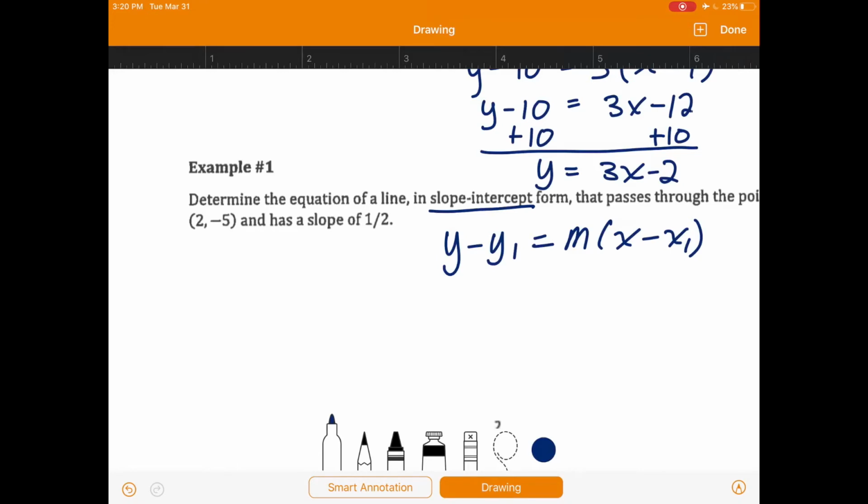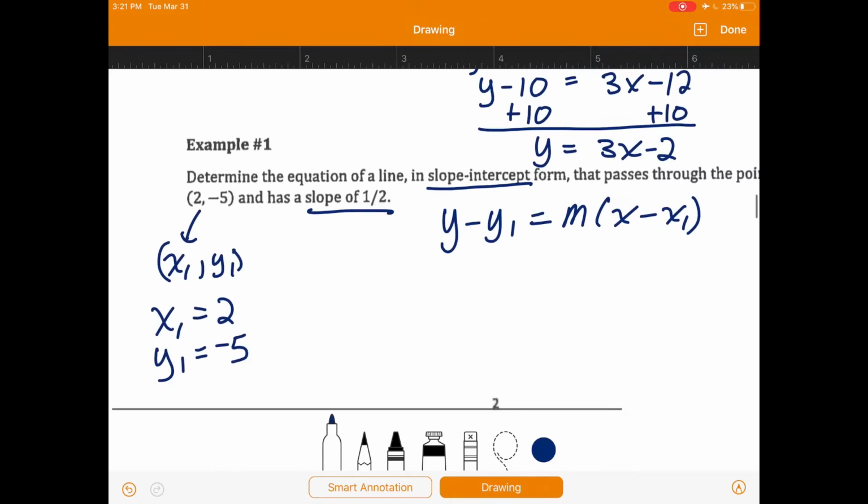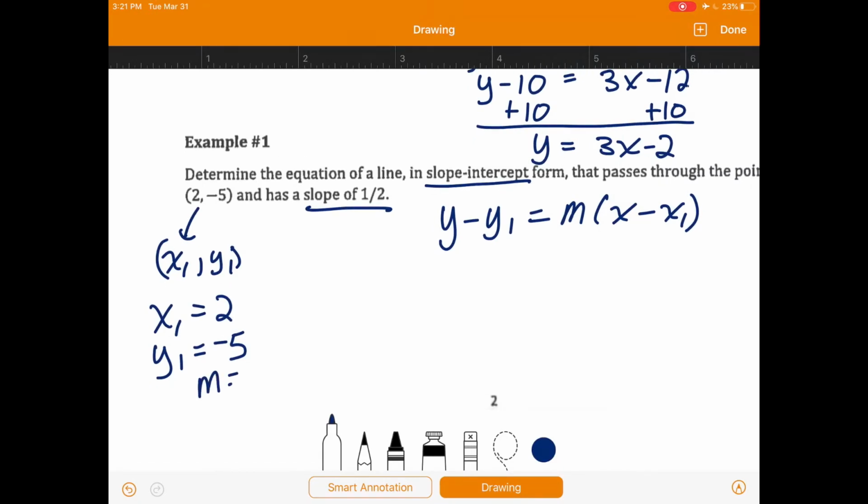So let's take what we know. This is the point, so that is going to be x1, y1. So that means x1 is the one that's in the x spot, so that's 2. y1 is going to be the number that's in the y spot, so that's -5. And then the slope is 1/2. So we're going to do m equals 1/2.